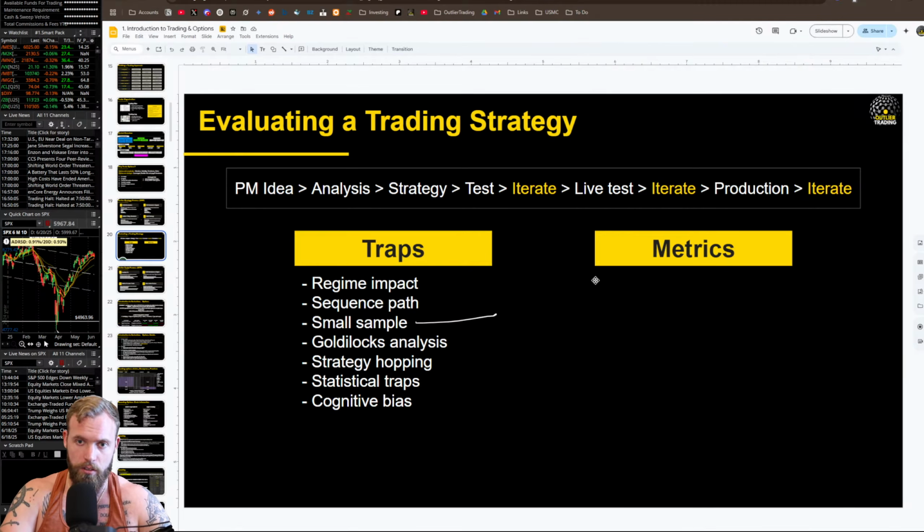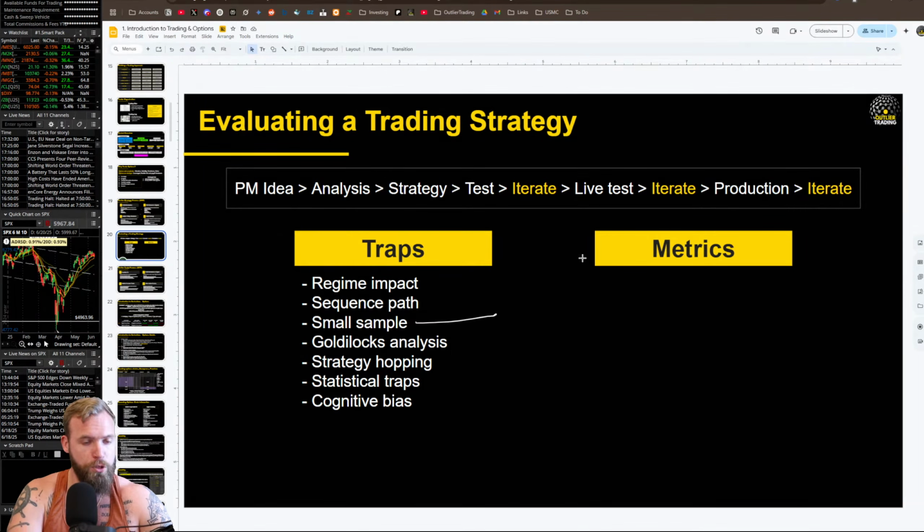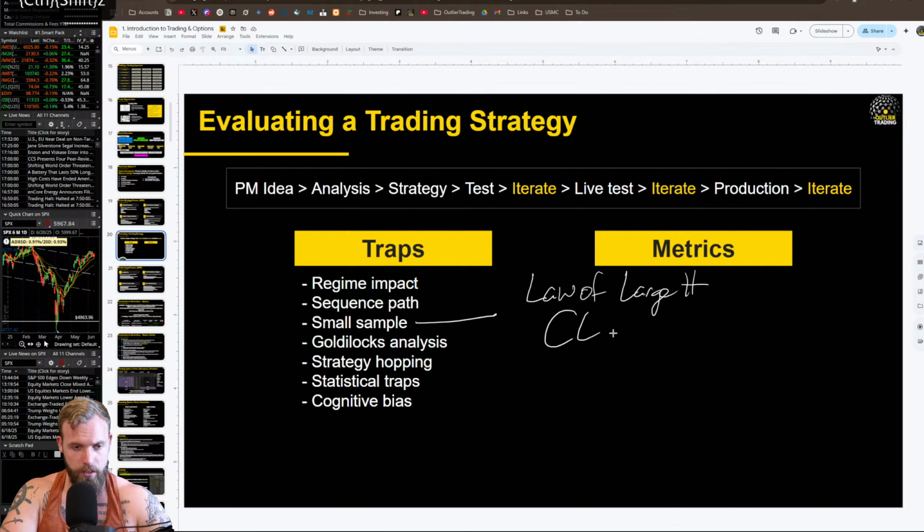Can't tell good or bad, means nothing. The idea comes from general statistical practice. You'll hear of something called the law of large numbers and the central limit theorem. Good old CLT.